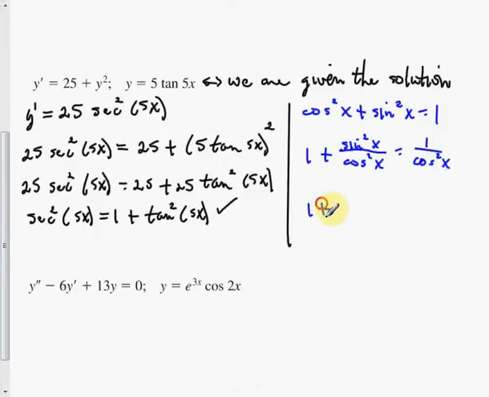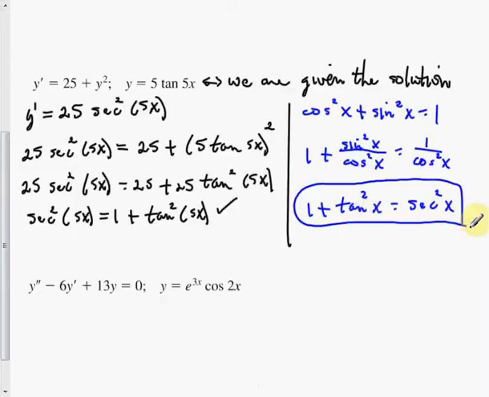So this is 1 plus tangent squared x is equal to secant squared x. And so that's what we have there. Likewise is the case even for that next one. Let's look at a different type of problem.